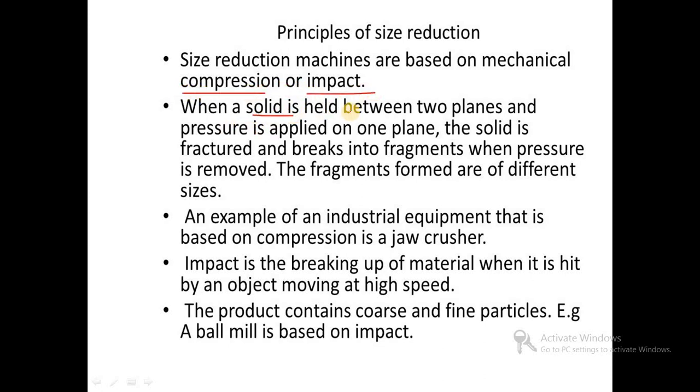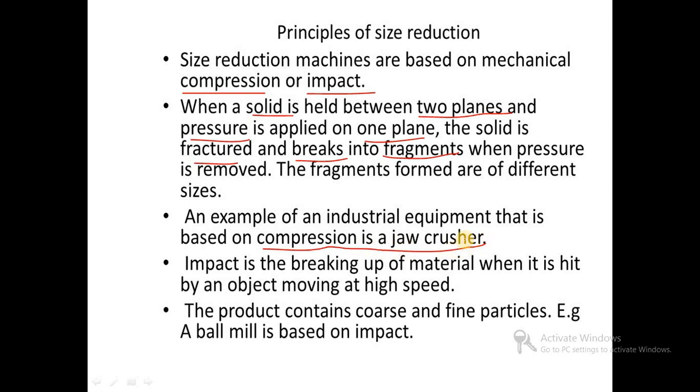When a solid is held between two planes and pressure is applied on one plane, the solid is fractured and breaks into fragments. When pressure is removed, the fragments formed are of different sizes. An example of an industrial equipment that is based on compression is a jaw crusher.